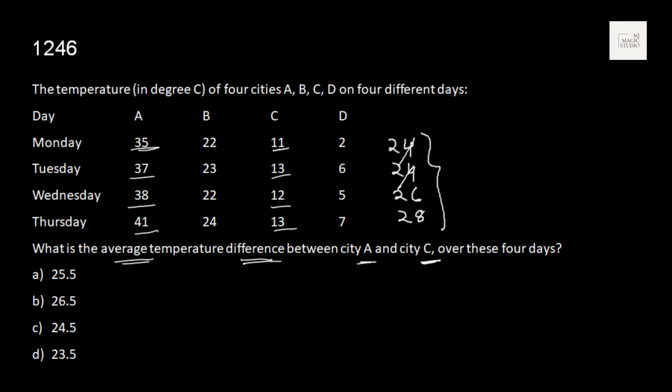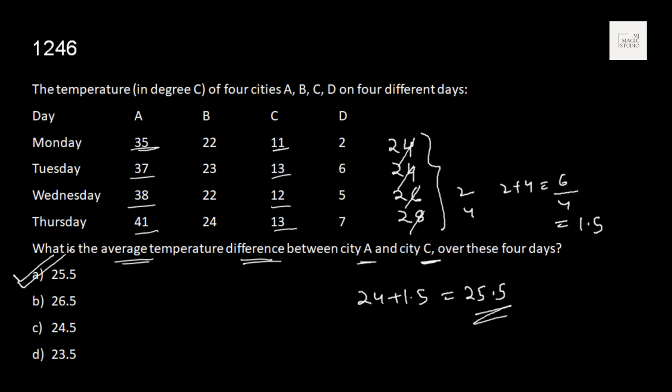So for the average: 24, 24, 24, 24, then 2 more and 4 more. 2 plus 4 is 6. 6 by 4 is 1.5. So the overall average difference would be 24 plus 1.5, that is 25.5. Option A fits in.